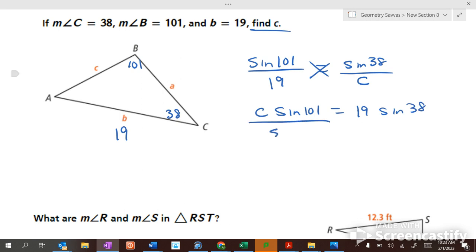And divide by the sine of 101 to get C alone. So 19 times the sine of 38, press equals, divided by the sine of 101, press equals. What do we get?